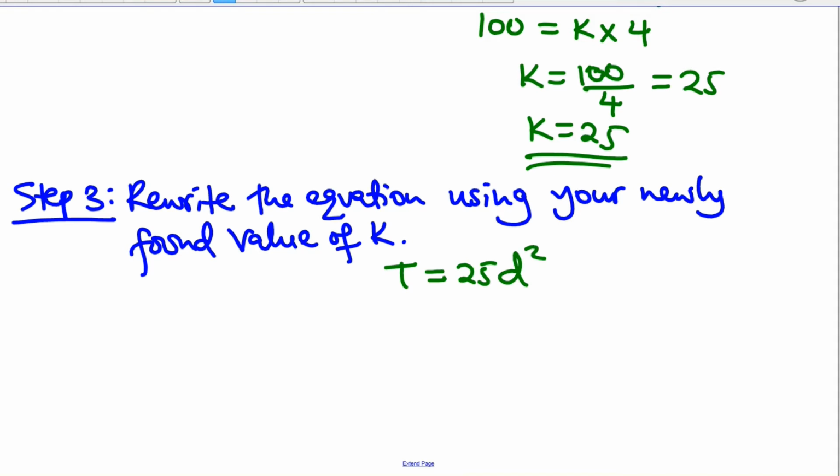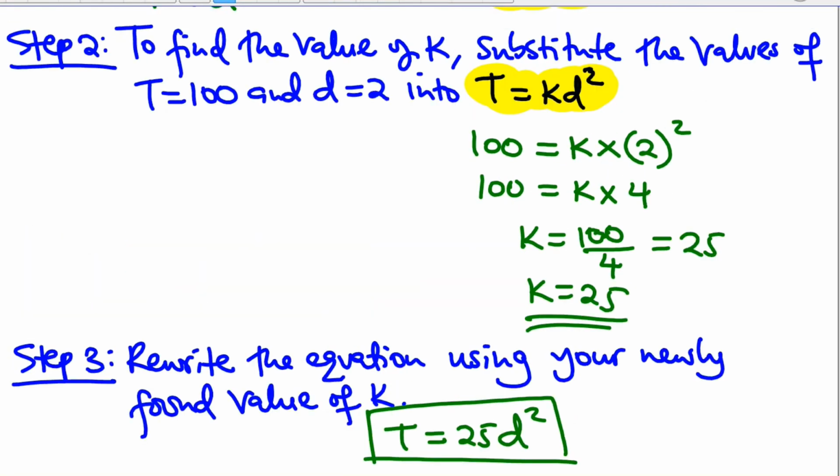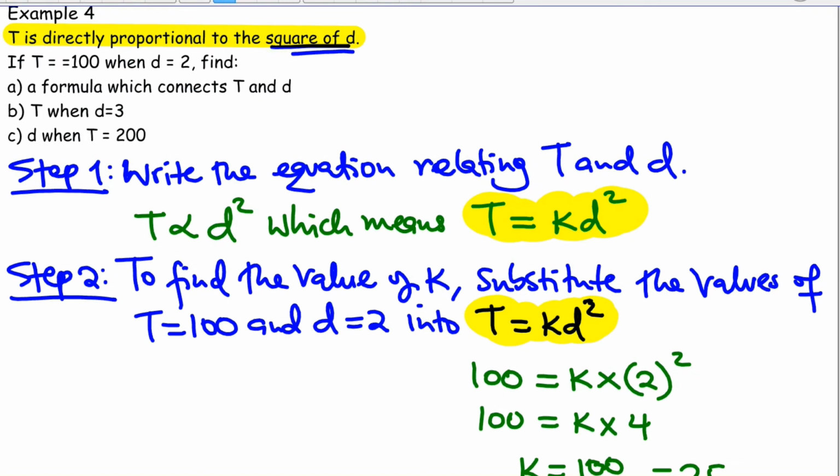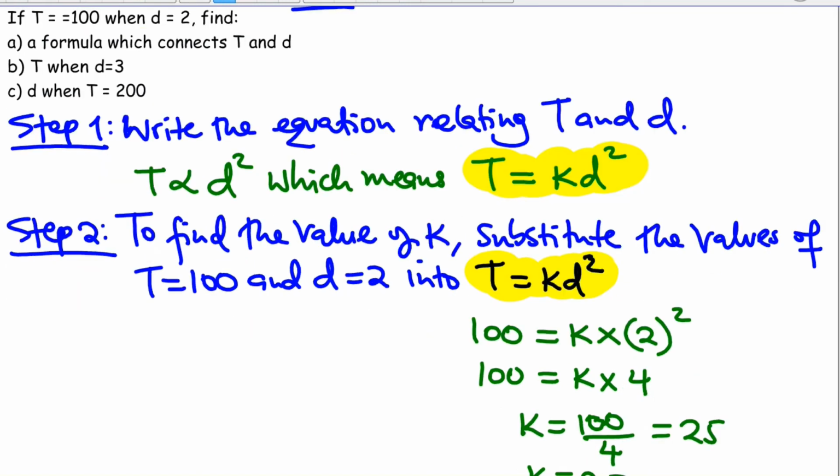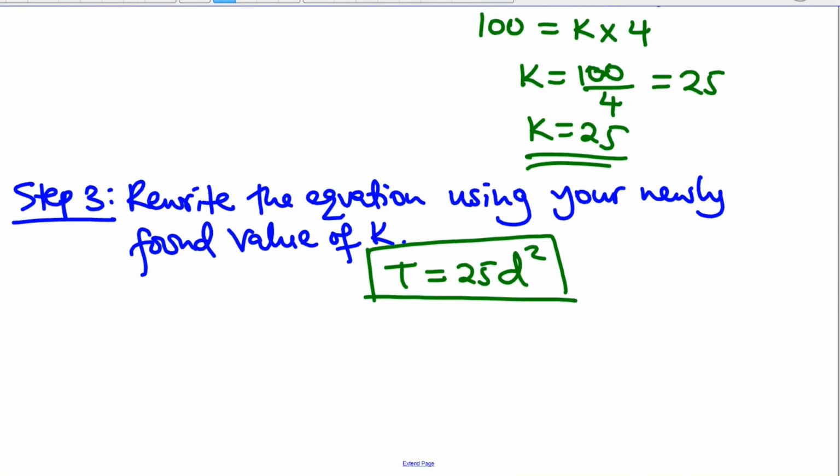Okay, and that is basically the formula. And now we can use this formula to work out b and c. B, find the value of t when d is equal to 3.